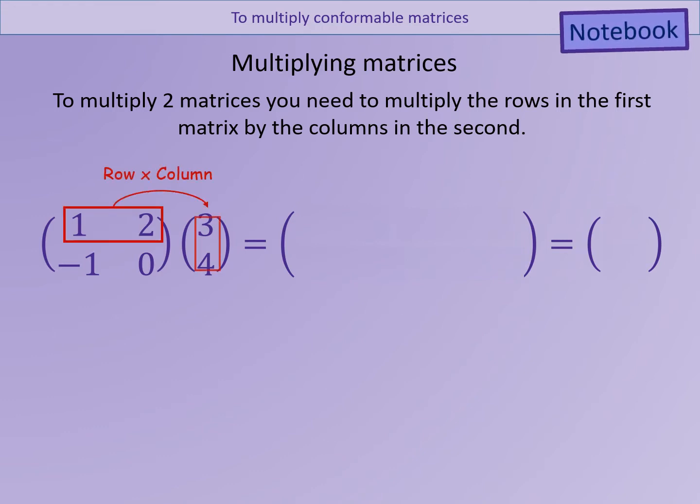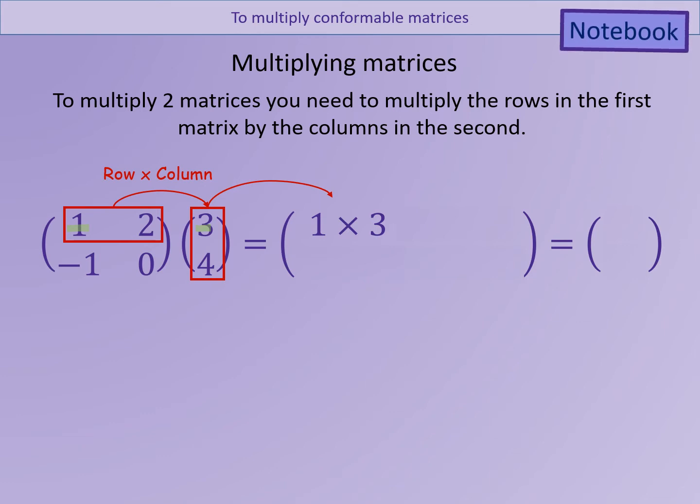We take the first row of the first matrix and the column in the second matrix and we multiply the elements together. Here we are multiplying 1, the first element in the first row of the first matrix, by 3, the first element in the first column of the second matrix.